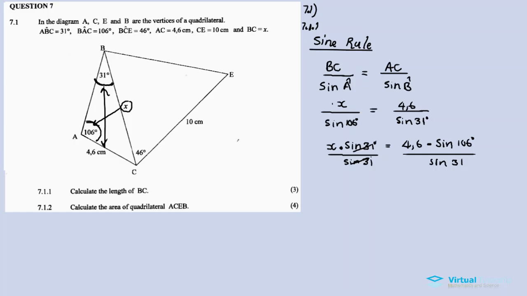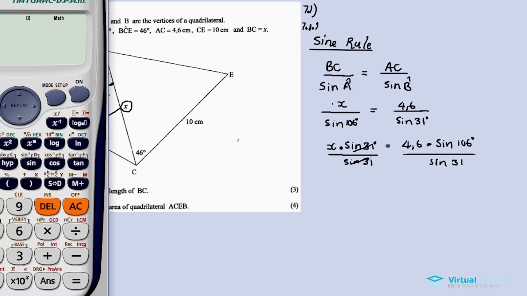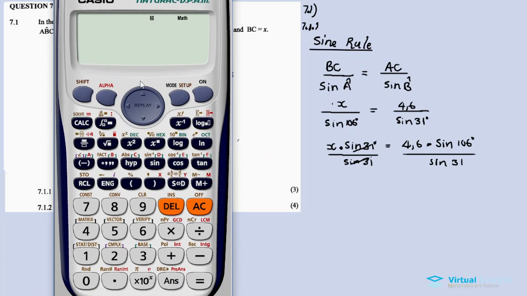Therefore, now we calculate on the calculator: 4.6 times sine 106, close bracket, divided by sine 31 degrees, is equal to 8.59 centimeters in two decimal places.